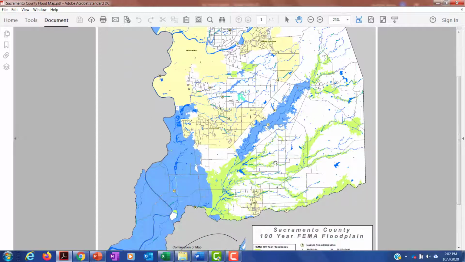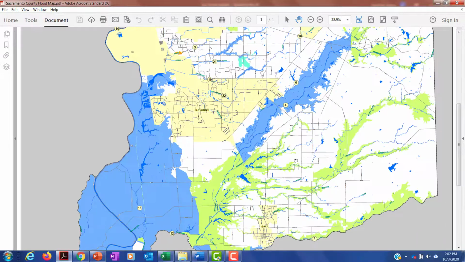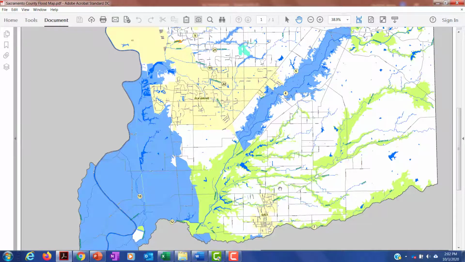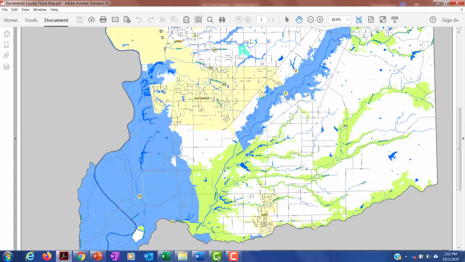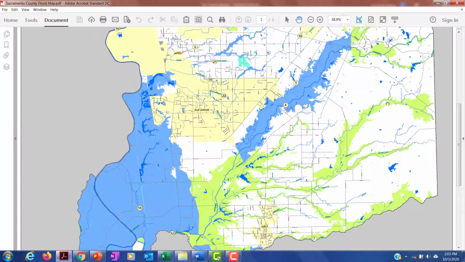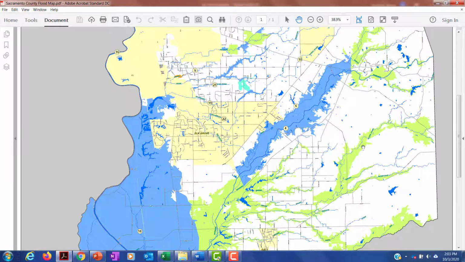But for the more undeveloped areas, the Cosumnes River areas, here's Galt, you can see that the 100-year floodplain pretty much follows the geography of the river network. I don't think there are a lot of levees on these river systems, so it's kind of intuitive that the 100-year flood area is near where there are major rivers.